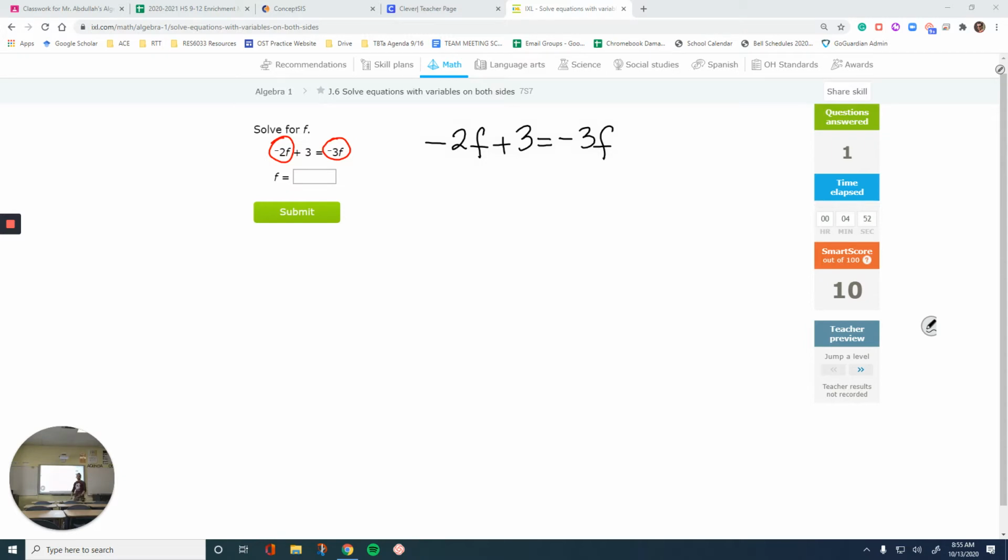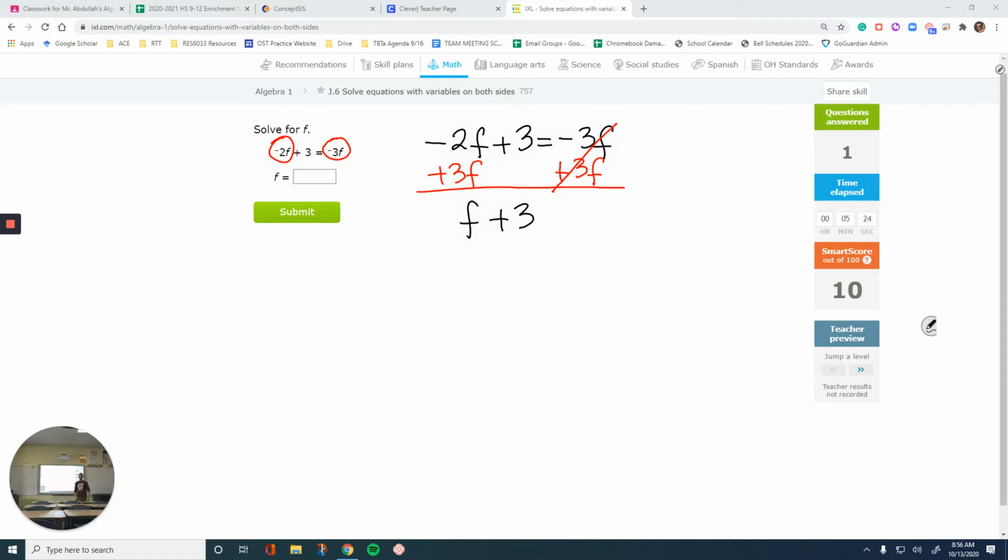Many of you are used to combining the variables on the left side, which is why you're going to start doing this. Minus 3 plus 3f to cancel that one out, and then plus 3f. And then when you combine these two, negative 2 plus 3 equals 1. So you're going to have 1f. 1f means just this. Plus 3.